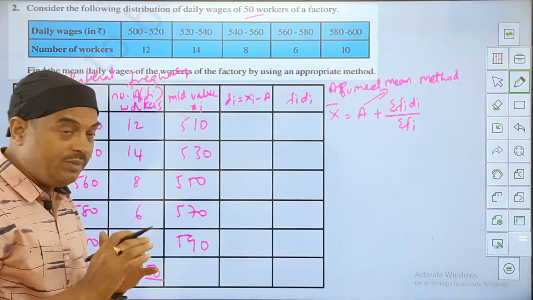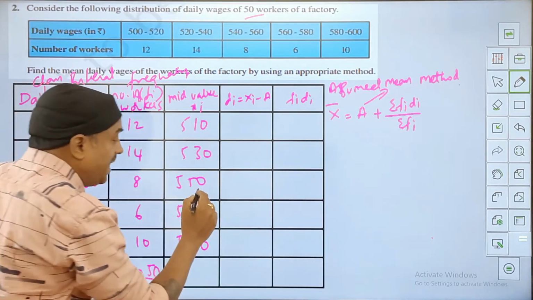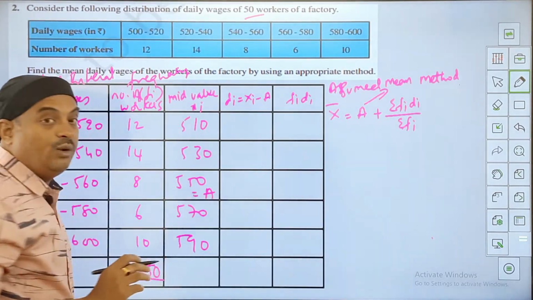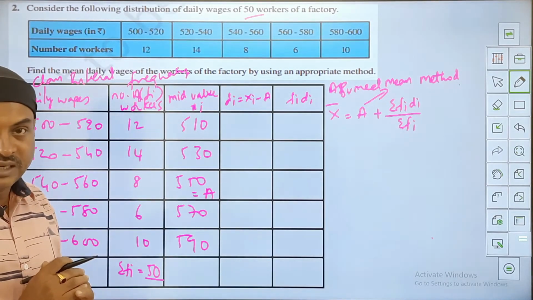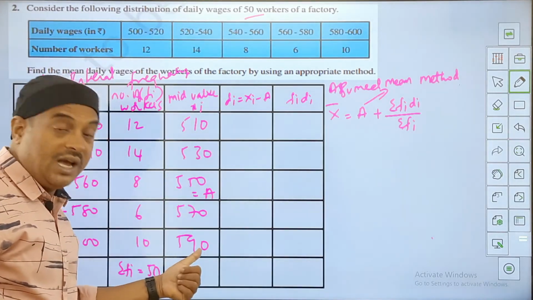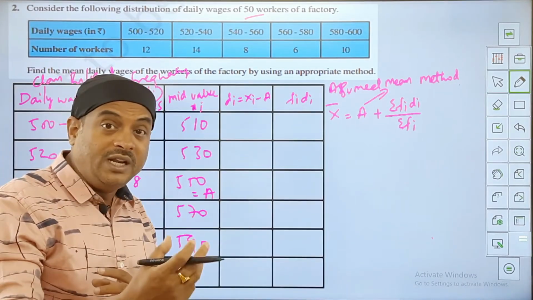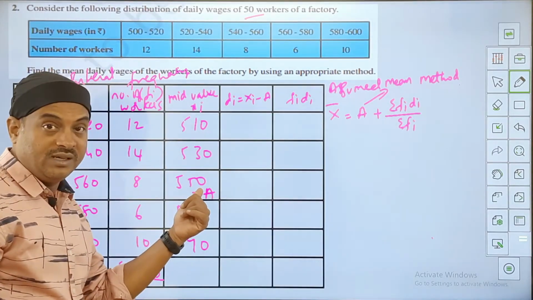And what is assumed mean, my friend? After finding the mid values, take the exact middle value as A. Take the exact middle value as A. Is that clear? That is called assumed mean. Now here I have 5 values, and for me finding an exact middle value is very easy. So which is why I have selected this method. Fine.